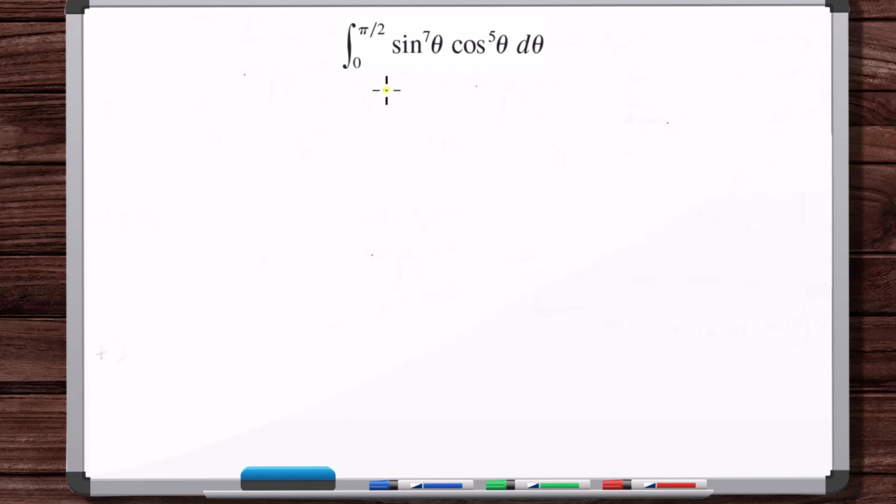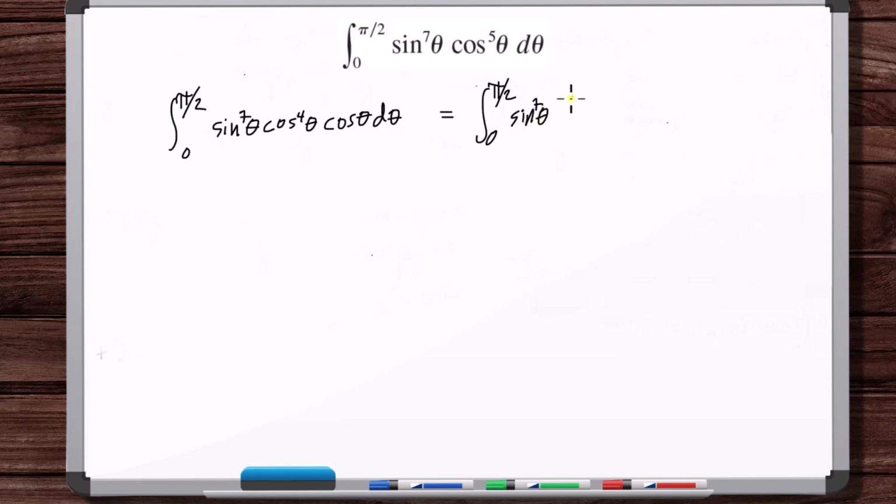So this is, okay, so this is, and now we've got cosine squared of theta squared, right?